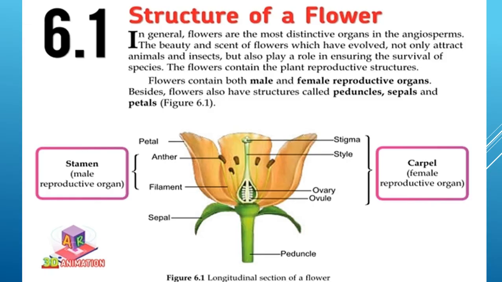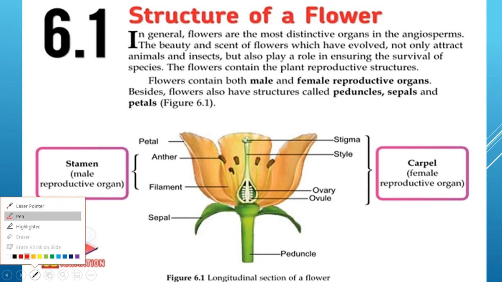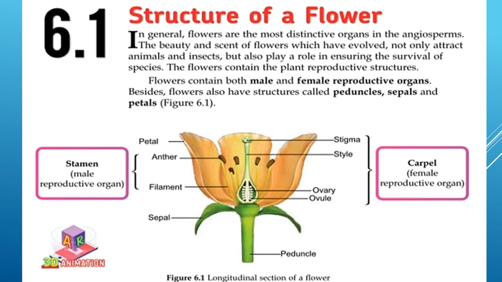Okay, so today we will learn about the structure of a flower. The beauty and scent of flowers, which have evolved, not only attract animals and insects, but also play a role in ensuring the survival of species.